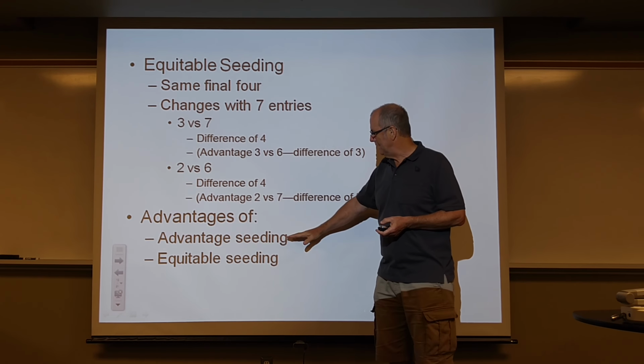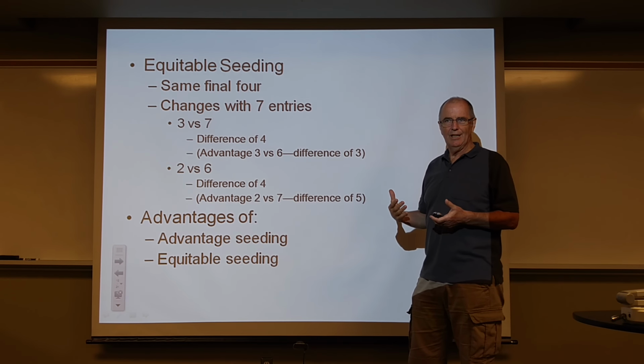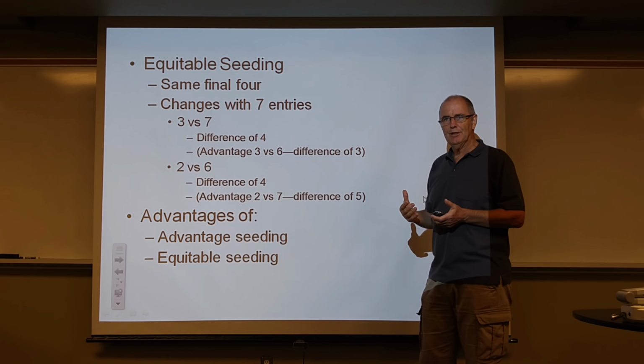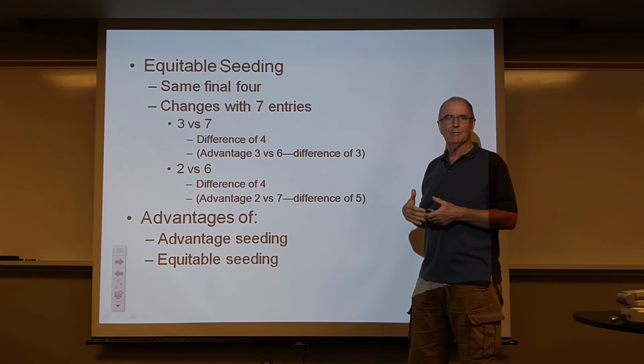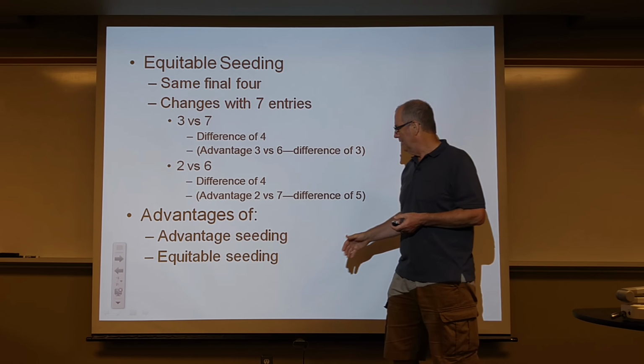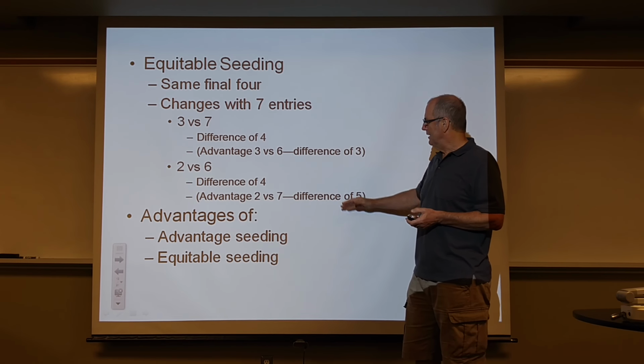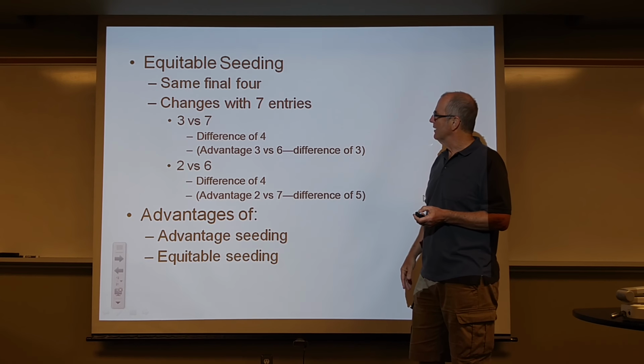So an advantage of advantage seeding is that it's equally difficult, but some might argue it's not as desirable then to be a stronger seed because you're going to play someone that's maybe slightly better. Equitable seeding is certainly the more common one, and it gives a slight advantage to the higher seeds.